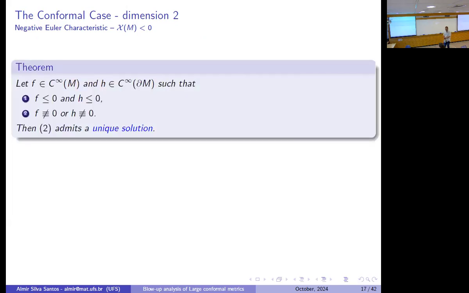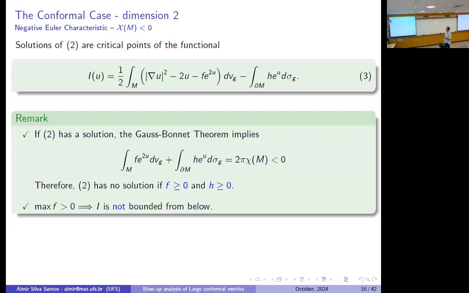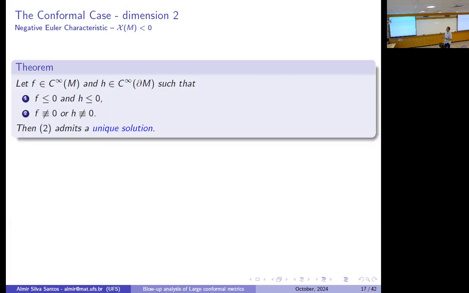So what we have here, which is not difficult to see, is that if f and h are non-positive and one of them is not identically zero, then you can solve the PDE. You can use the conformal method with f as Gaussian curvature and h the geodesic curvature. And it is a unique solution, which is the global minimum of this functional.